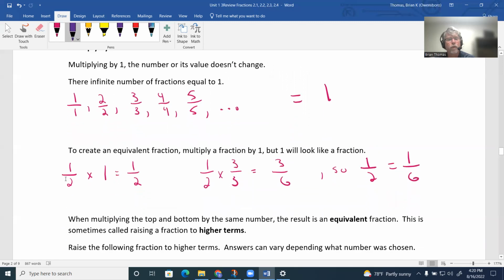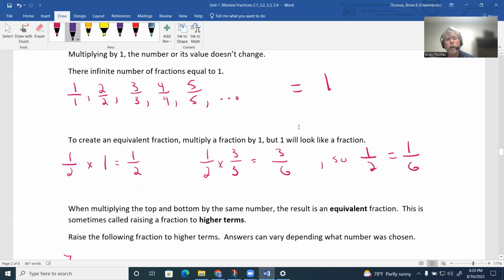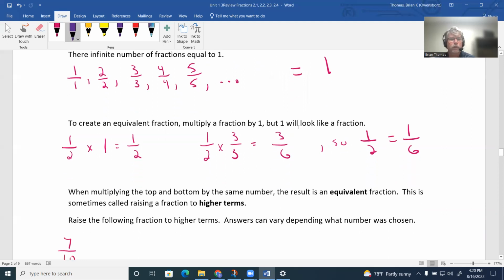So to create an equivalent fraction, a fraction that means the same thing, what we do is we multiply a fraction by 1, but the 1 will have to look like a fraction. So notice that if I have 1/2 times 1, that gives me 1/2. But if I multiply 1/2 times 3 over 3, notice that again, 3 over 3 represents 1.